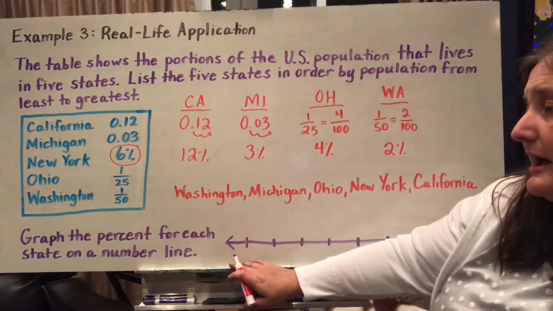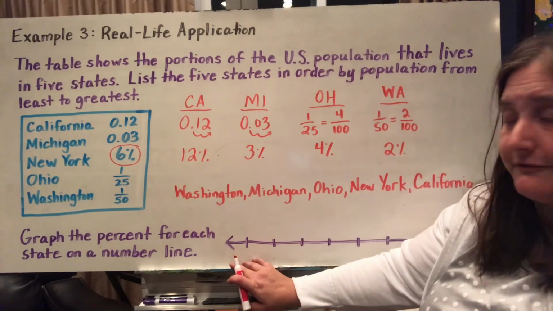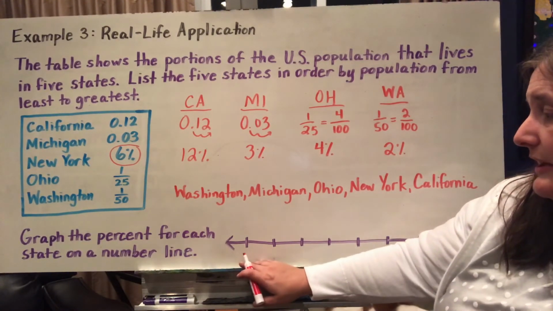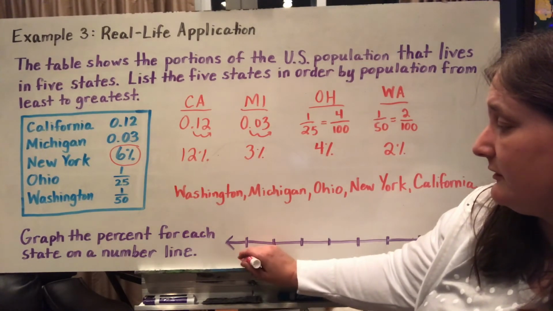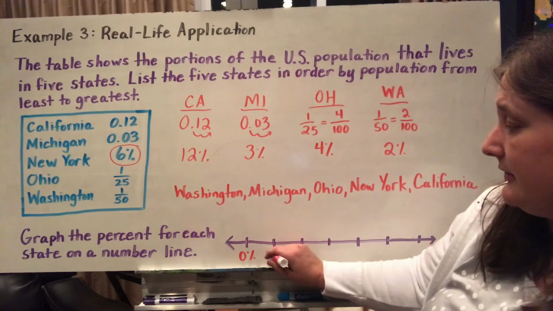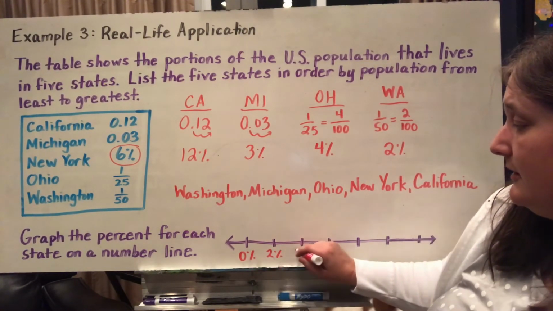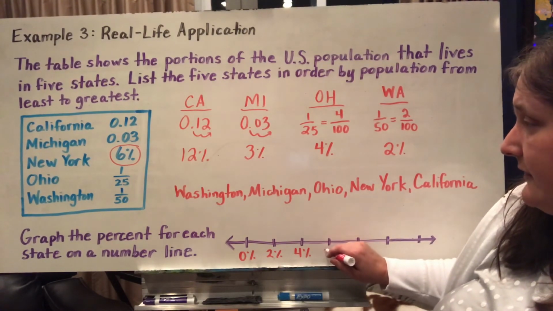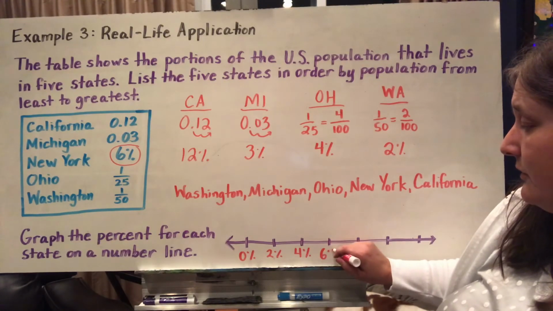So last, we're being asked here to graph the percent for each state on a number line. So I know I need to get up to 12%, so I'm going to count by 2s here on these tick marks so that I know I'll have enough space to fit from Washington to California on my number line.